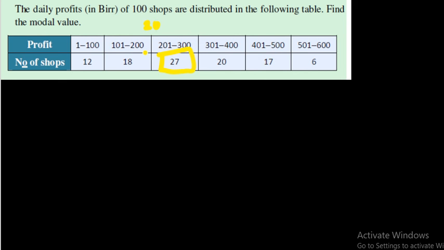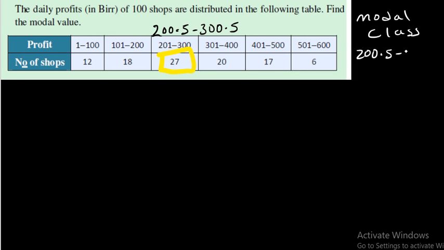So the modal class interval will be 200.5. Let's write it in another color to make it somehow visible. Okay, so it will be 200.5 until 300.5. So the gap is just 100. So the modal class will be from 200.5 until 300.5.